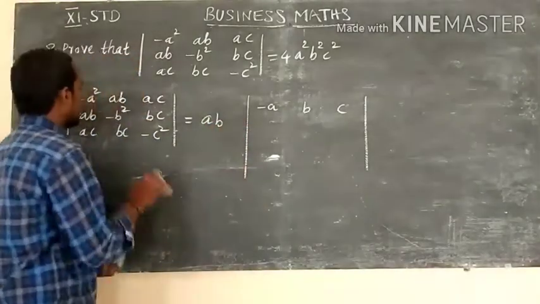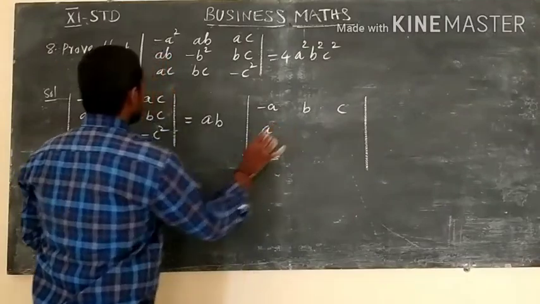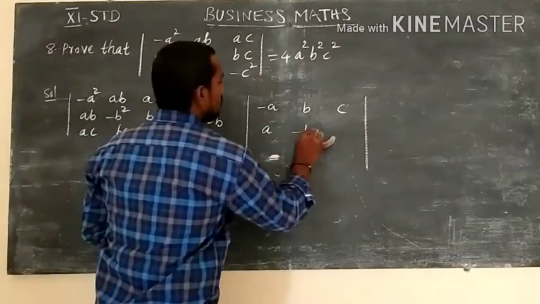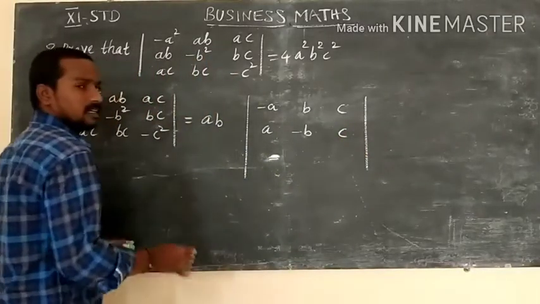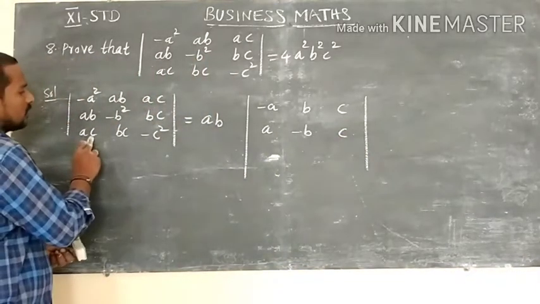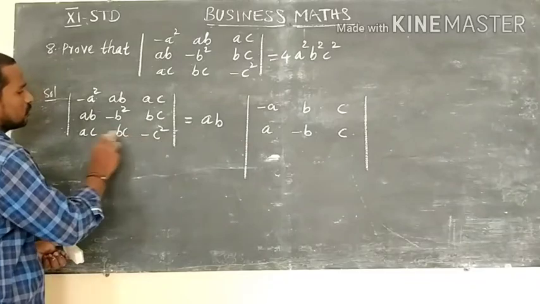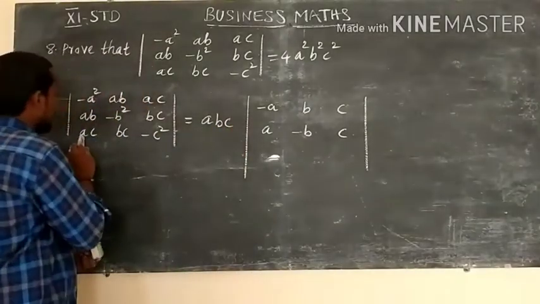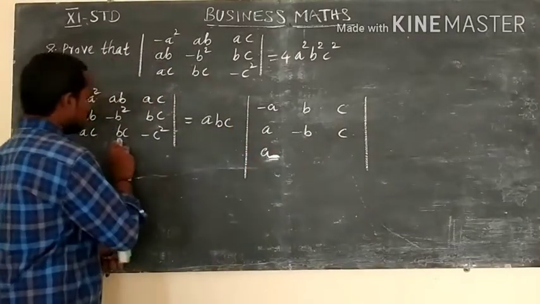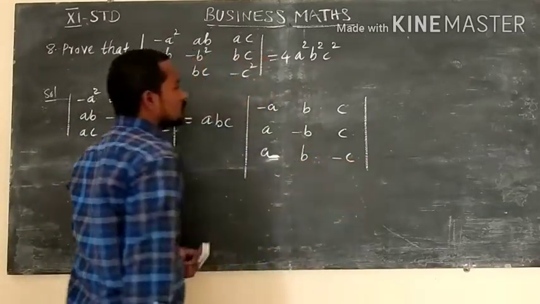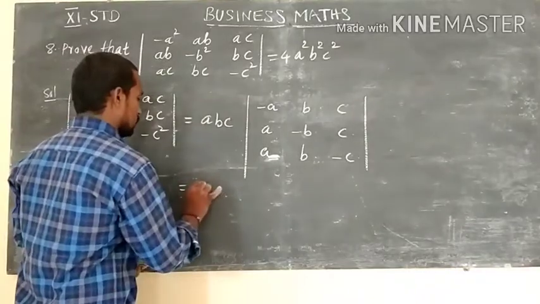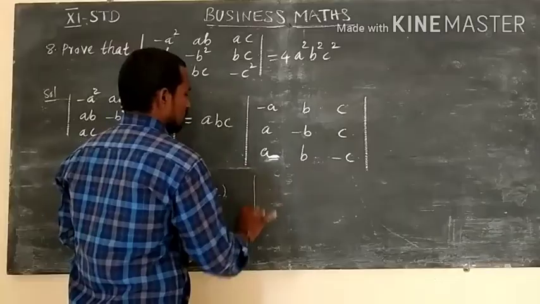So the remaining terms are a, minus b, c. Then consider R3. R3 has the common element c. So c taken out, remaining a, b, and minus c. This is equal to abc.